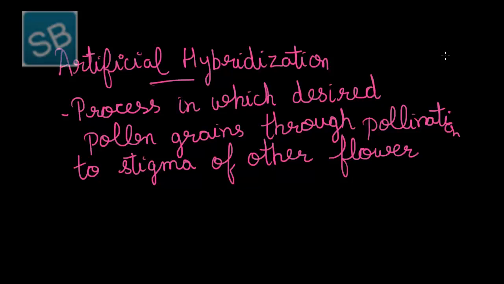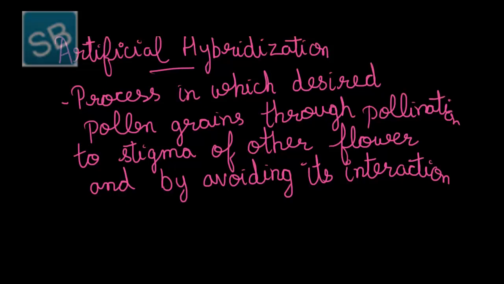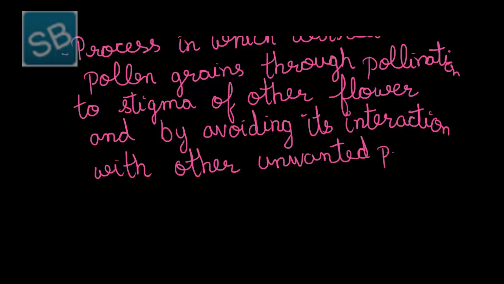Thus, it is a process of pollination in which the desired pollen grains can be obtained by interacting with the stigma of the other flower and by avoiding its interaction with other unwanted pollen. By this method, various hybrids can be produced in an artificial manner.